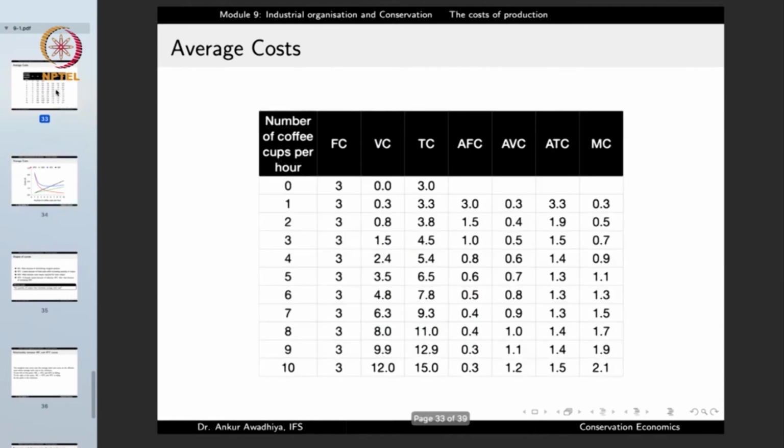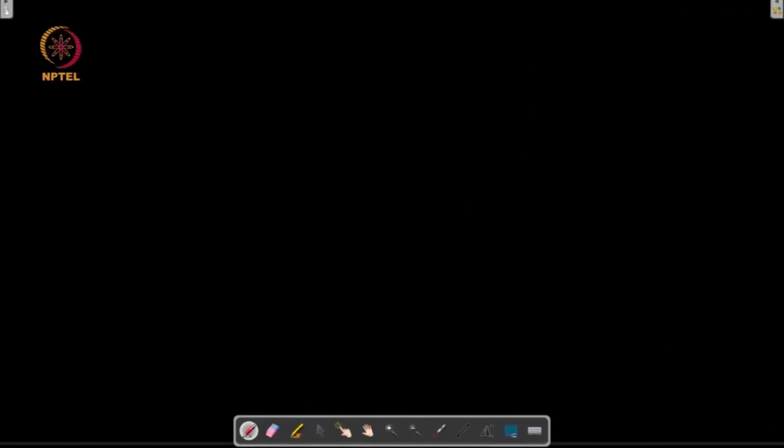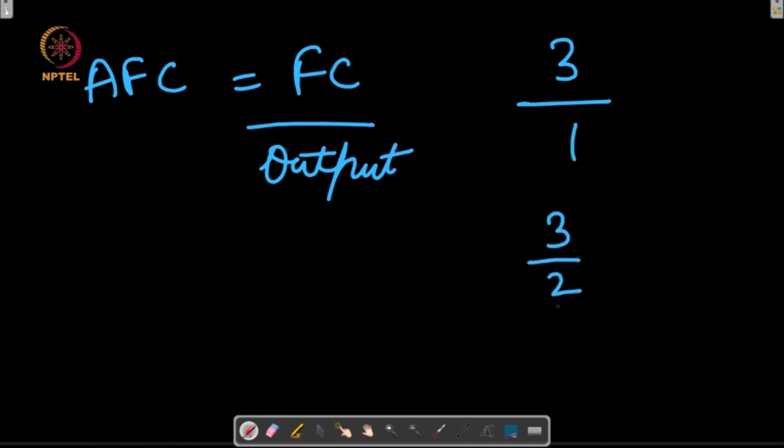Now this is because the average fixed cost is the fixed cost divided by the amount of output. Earlier, we are seeing 3 divided by 1, or 3 divided by 2: 3 divided by 1 is 3, 3 divided by 2 is 1.5.